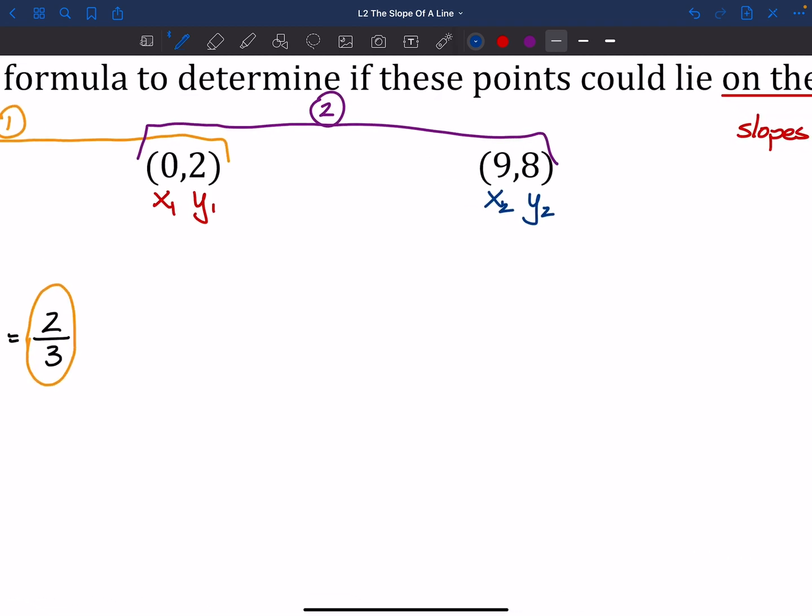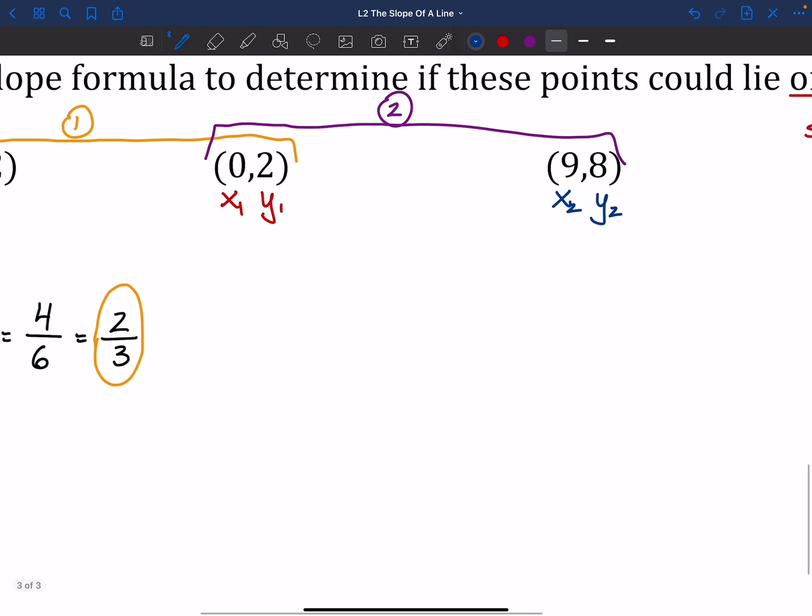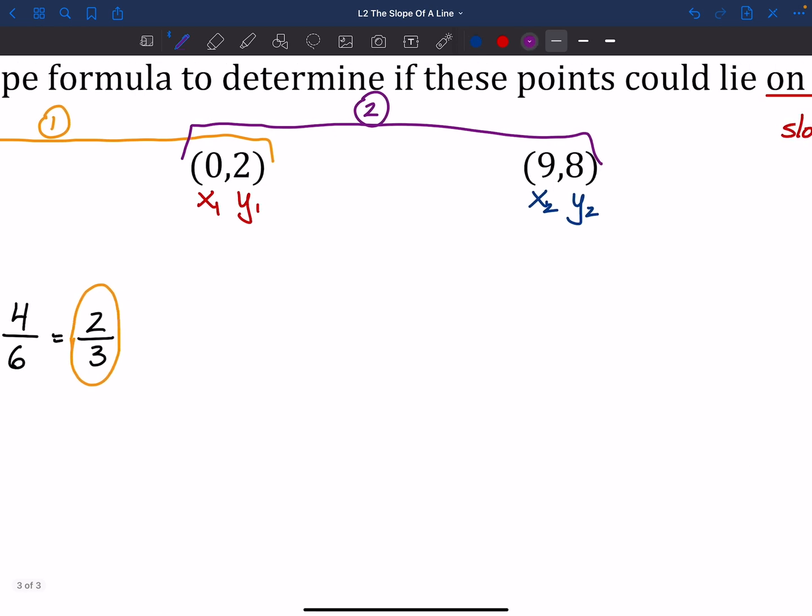So let's ignore that first point, just kick it right off the screen. Same old deal: I'm going to give myself a little separator, and we're going to set up our skeleton, with y2 minus y1 up on the top and x2 minus x1 on the bottom.